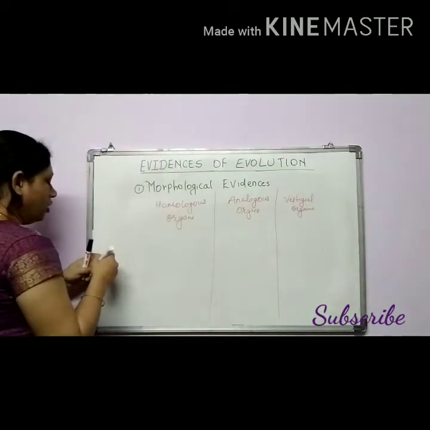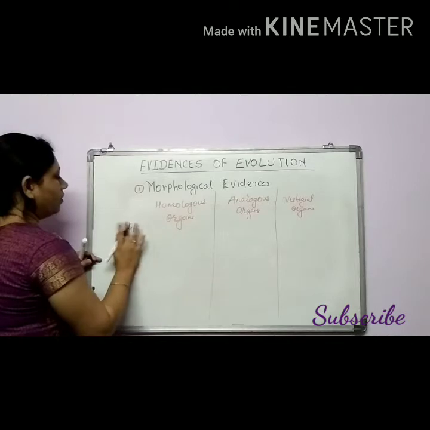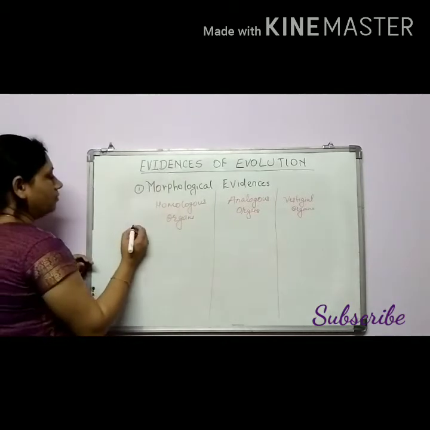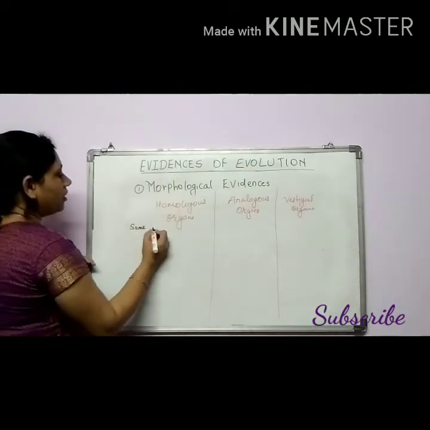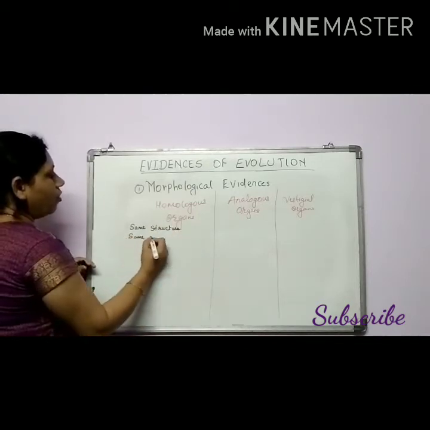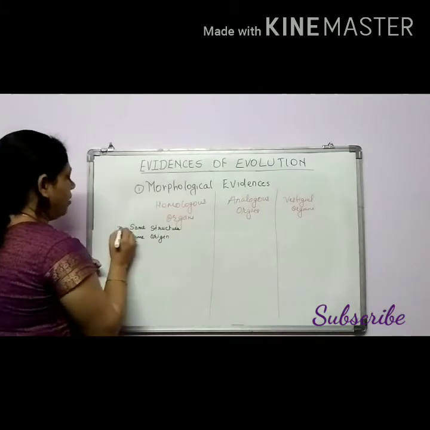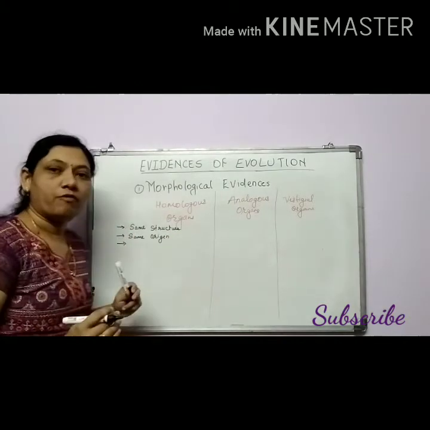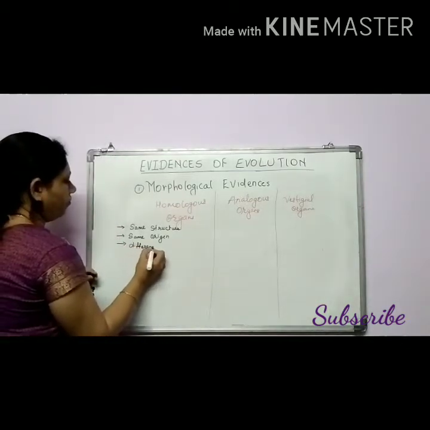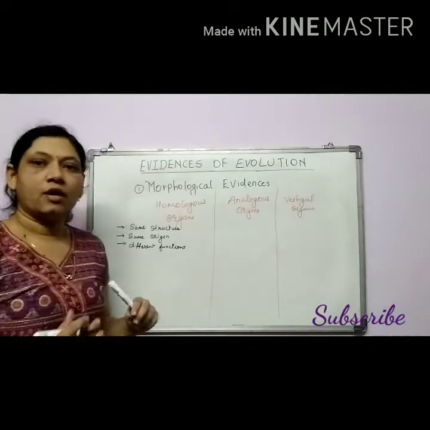The organs which have the same structure, same origin, but perform different functions are known as homologous.